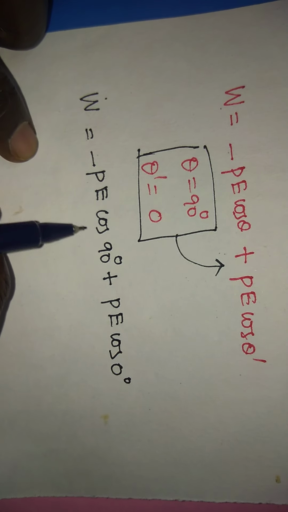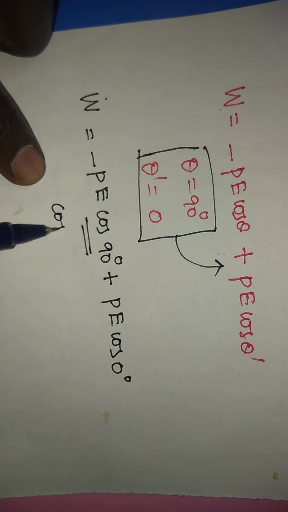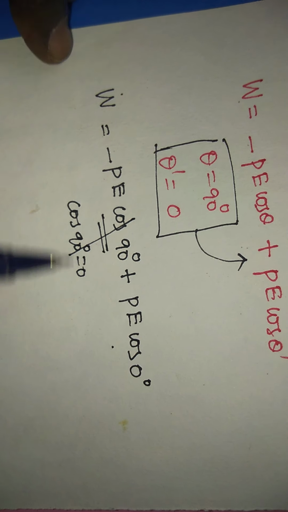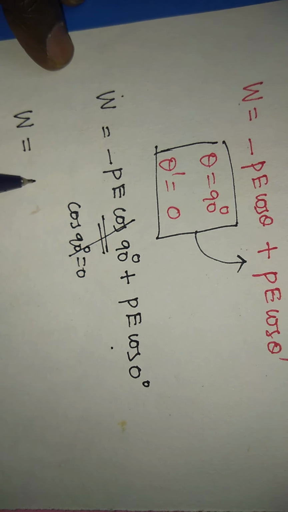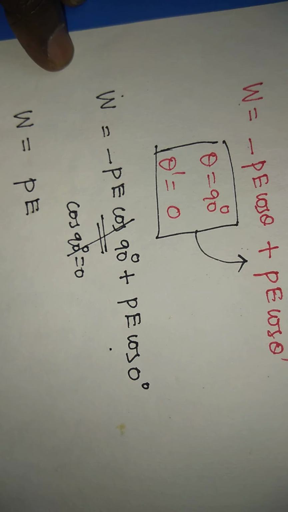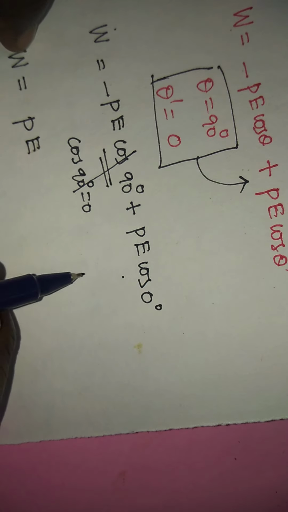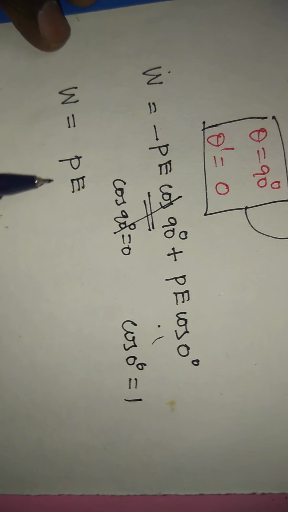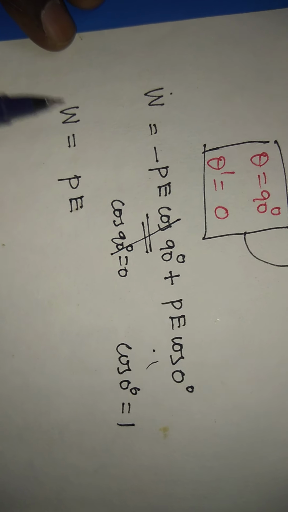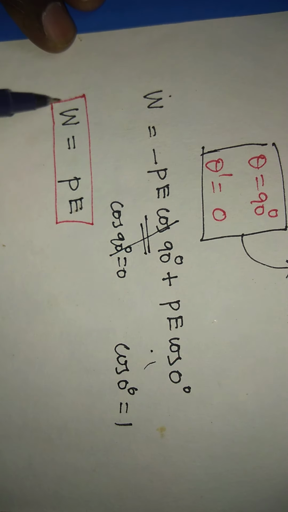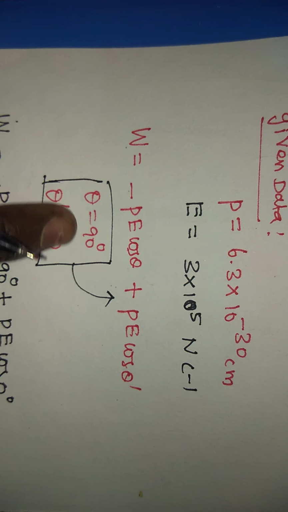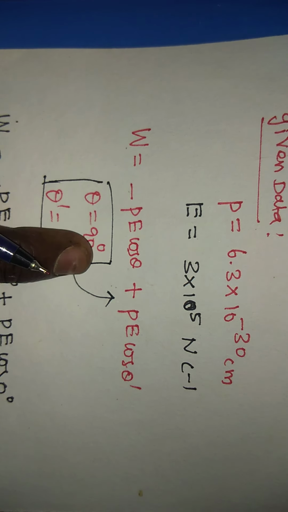So you know the value of cos 90 is 0. The term is cancelled. So the remaining term, W is equal to PE, since cos 0 is 1. This is the work done to rotate all the water molecules from theta 0 degree to 90 degree.